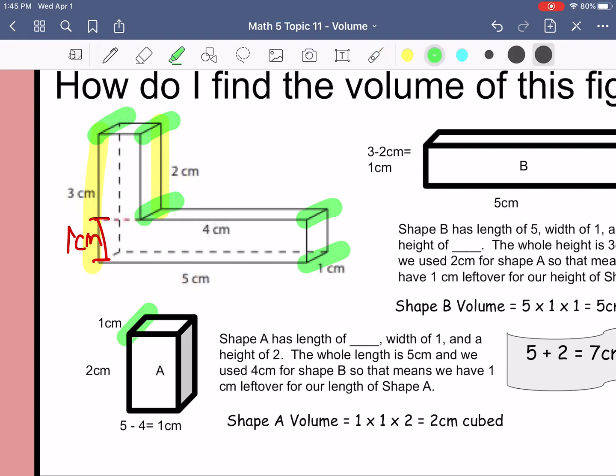All right, so what we did, we took the 5 minus the 4, and we found the leftover piece, which is 1. Okay, so if you were to keep going, this piece here is 1. So now we have all the pieces of shape A.